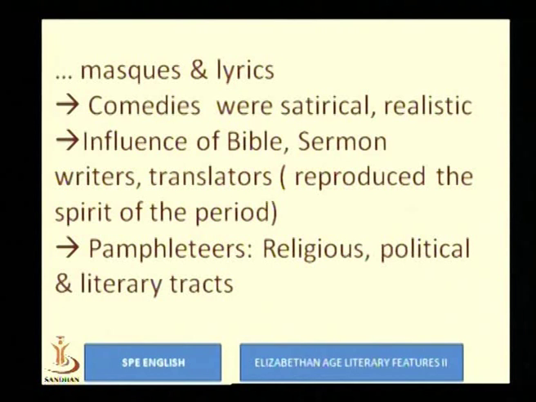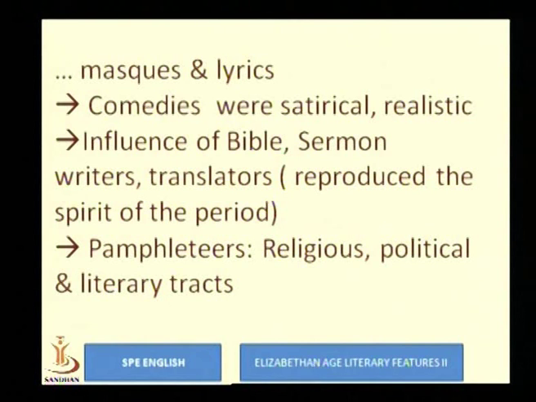Comedies were written, but they were satirical and realistic. You will also find the dramas, especially the morality plays or miracle plays, which had the influence of the Bible, where the writers were more of sermon writers, and you will also find translators who reproduced the spirit of the period.